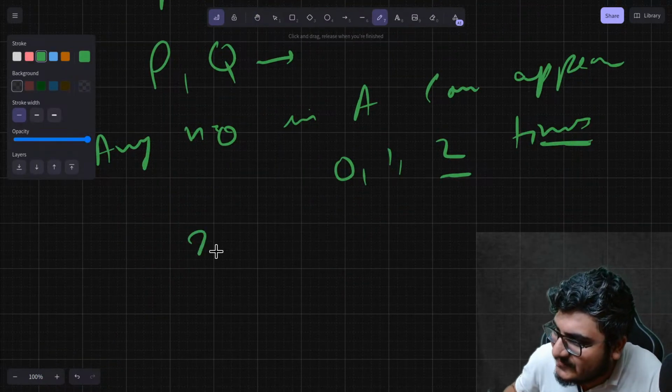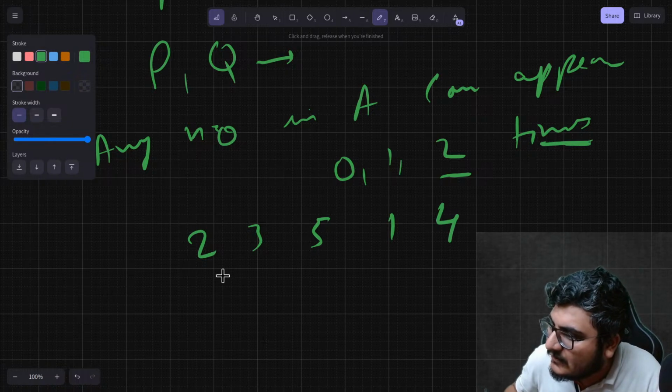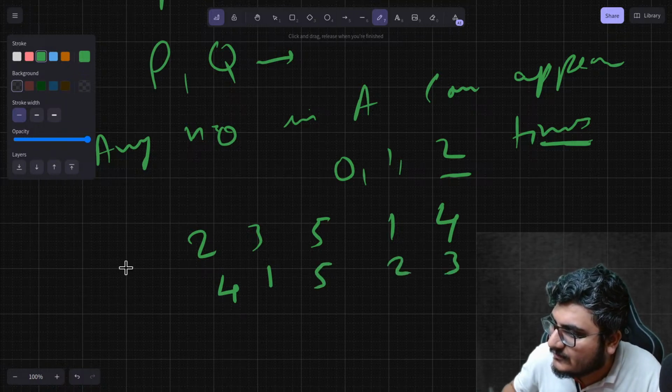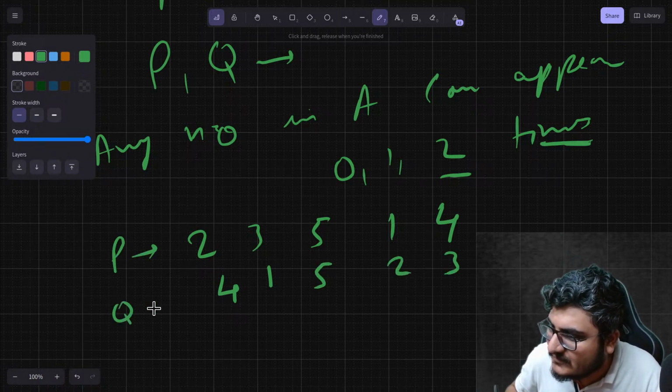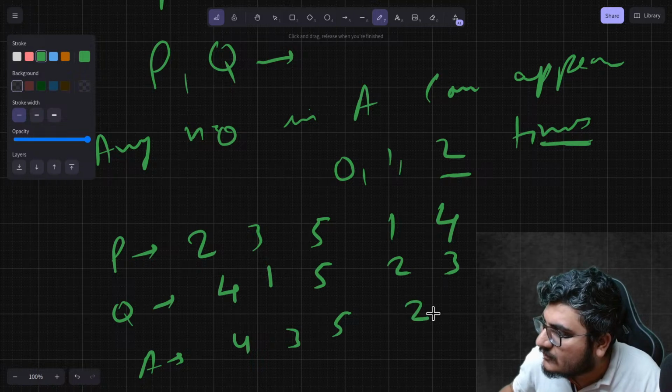For example, let's pick 2, 3, 5, 1, 4 and 4, 1, 5, 2, 3. Let's say this is P, this is Q. So A here would be 4, 3, 5, 2, 4.